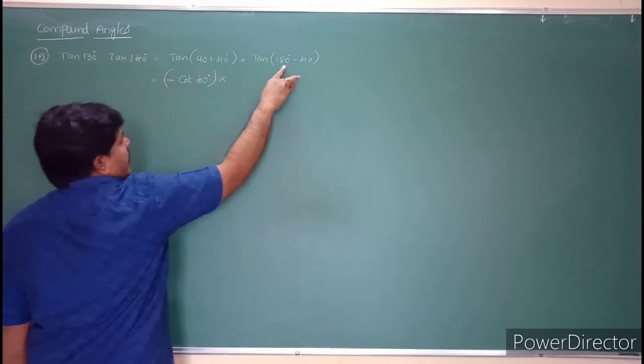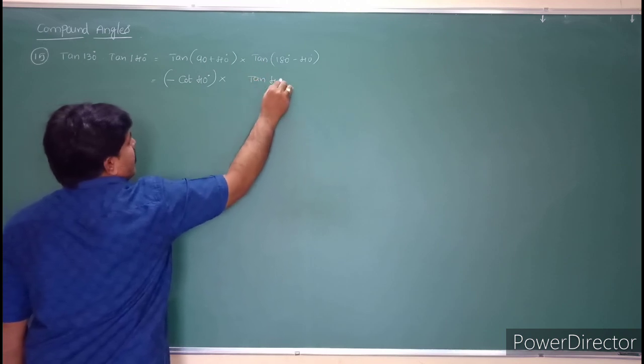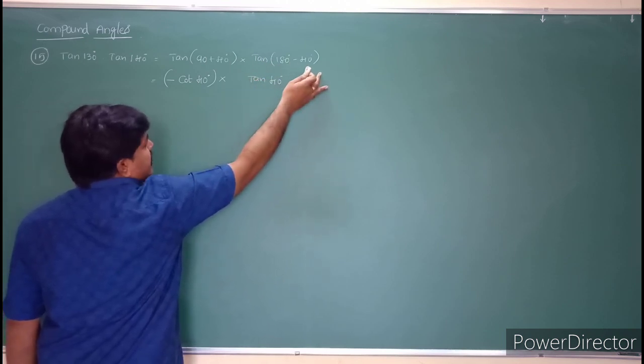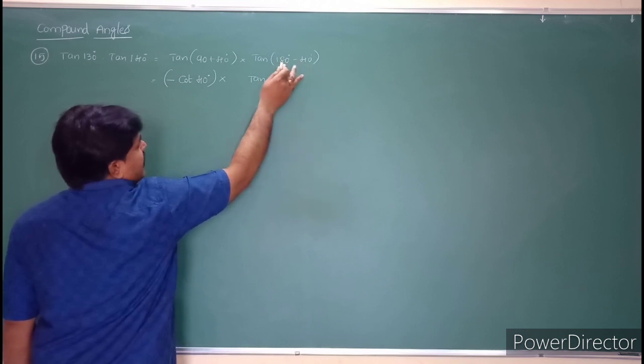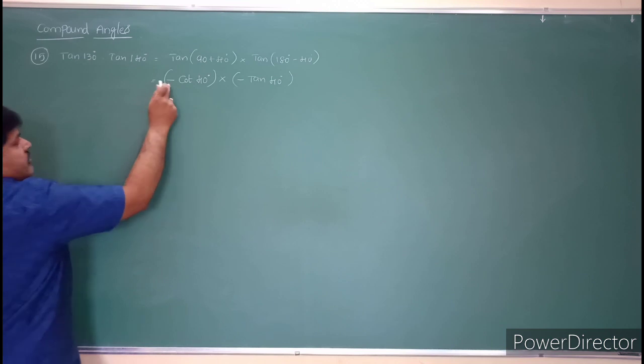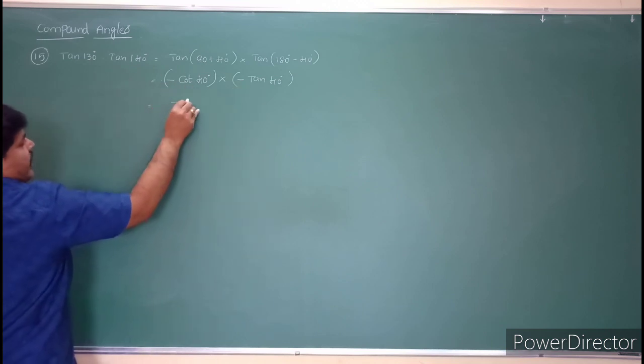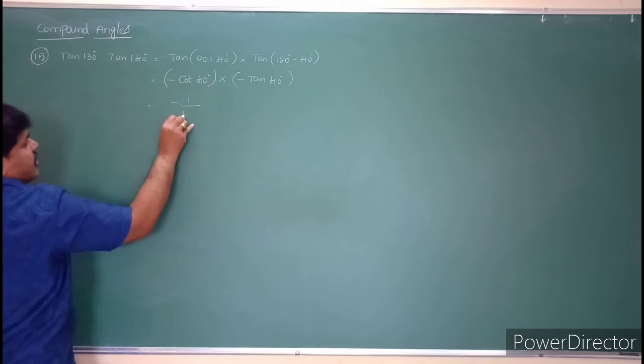Into tan 180 is there, tan will remain the same. 180 minus means it is in the second quadrant. In the second quadrant tan is negative, so that implies minus of minus will become plus. Minus 1 by cot 40 is nothing but tan 40.